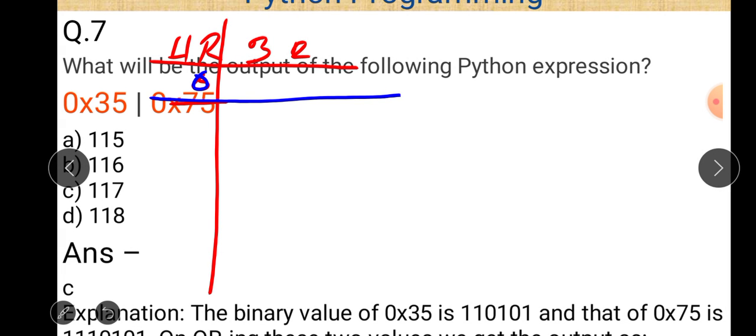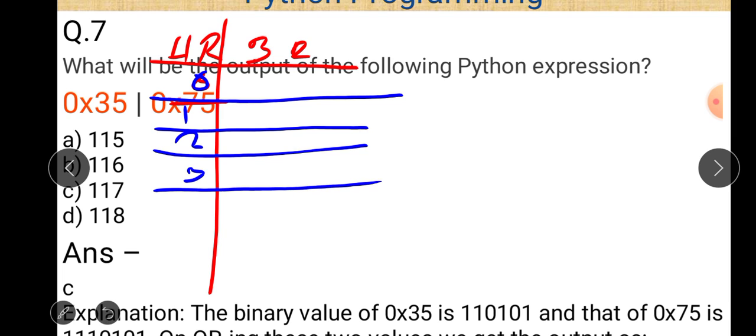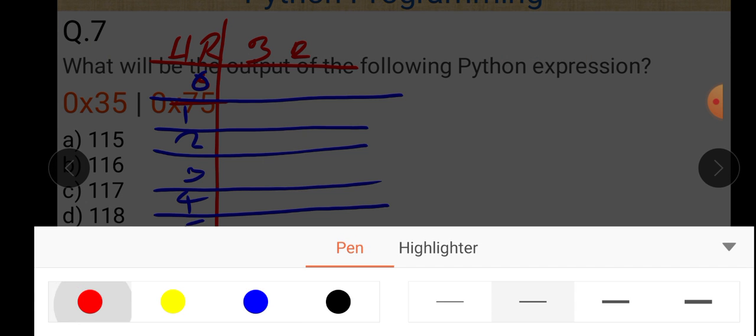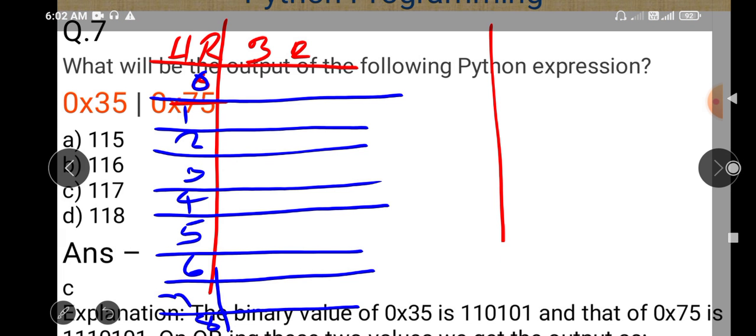0, 1, 2, 3, 4, 5, 6, 7 and 8. After this you can continue the table.